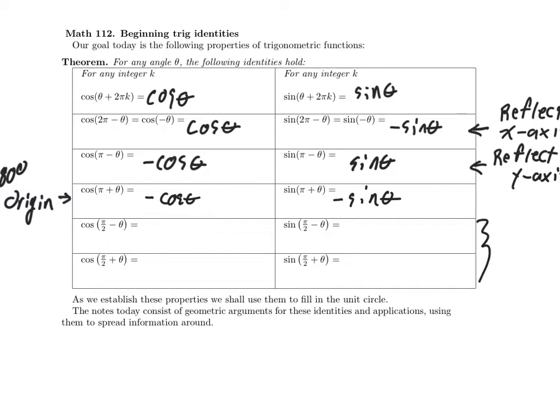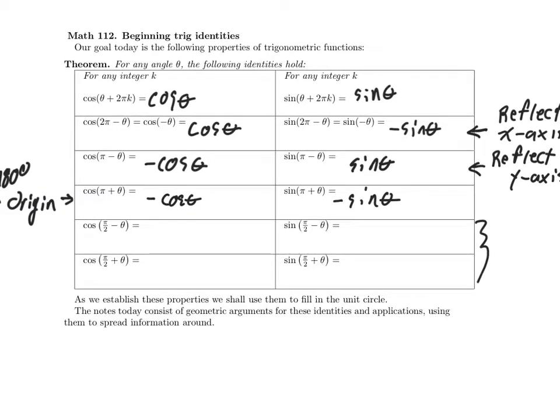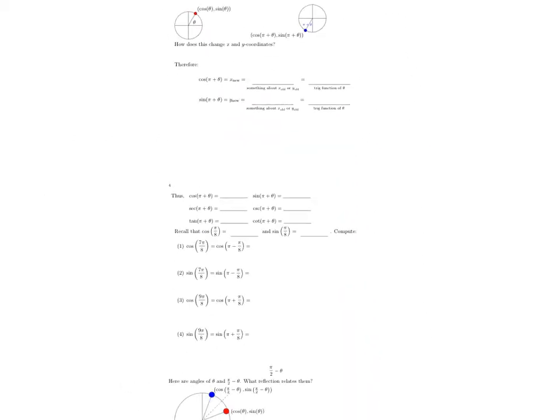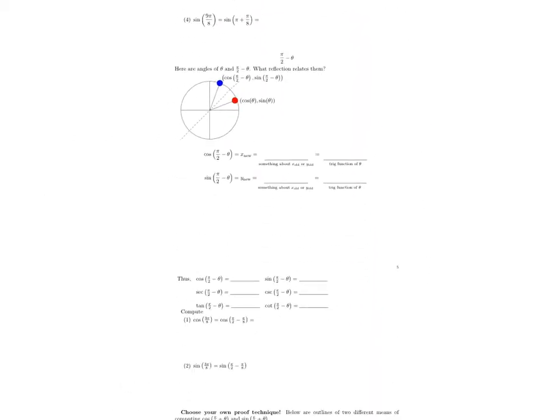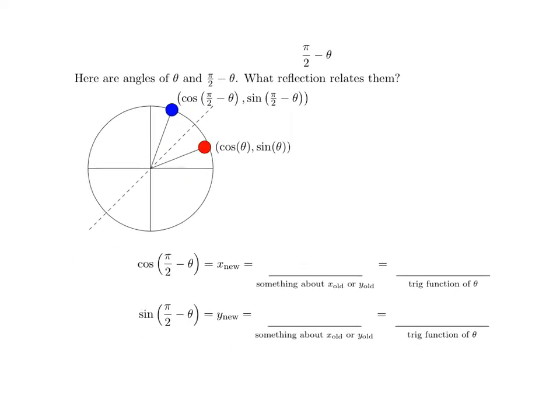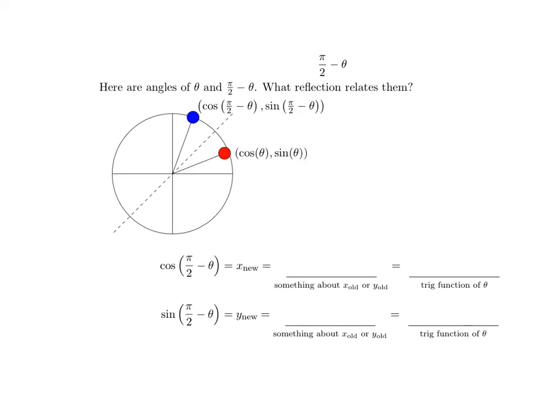So what happens when you change an angle by adding or subtracting it from pi over 2? So let's get to that. So here it is pictorially. There's a rotation forward by an angle of theta.